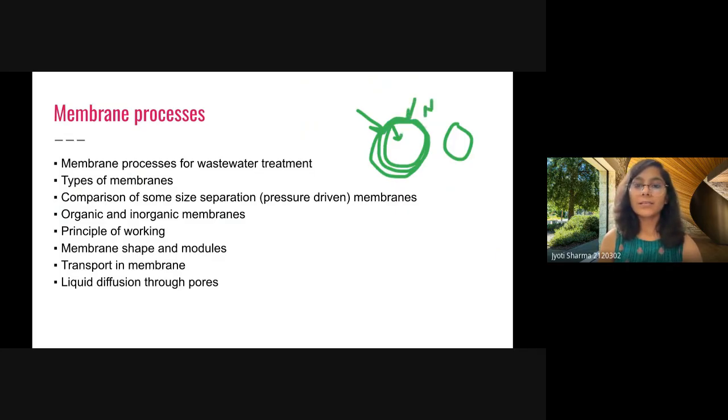That means there is a particular type of membrane that allows some chemicals to enter and some chemicals to exit, right? So this is a very simple example of a membrane, and this membrane we can also utilize to purify the water.